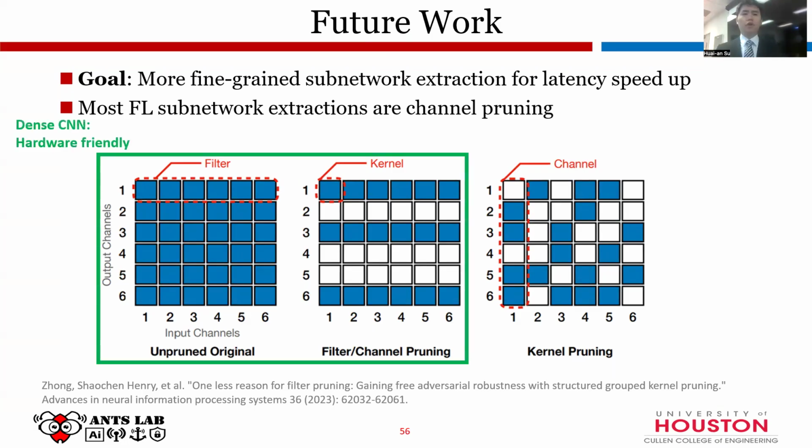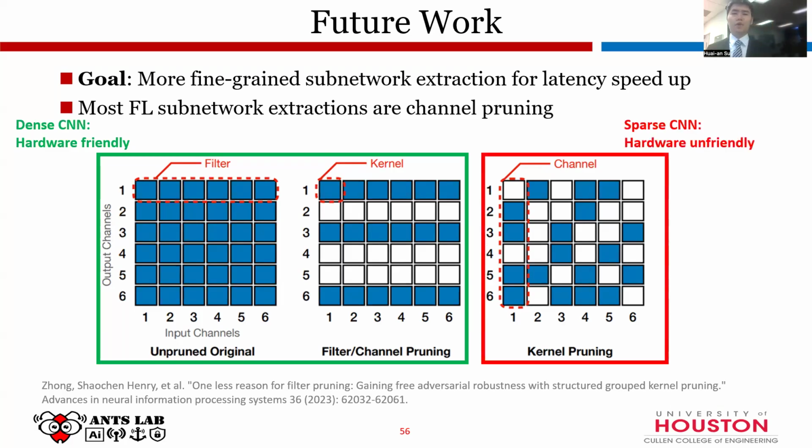The left two are in the structure of dense CNNs, so they are more hardware friendly because you won't skip any parameters during training. Kernel pruning is a sparse CNN, which is hardware unfriendly.